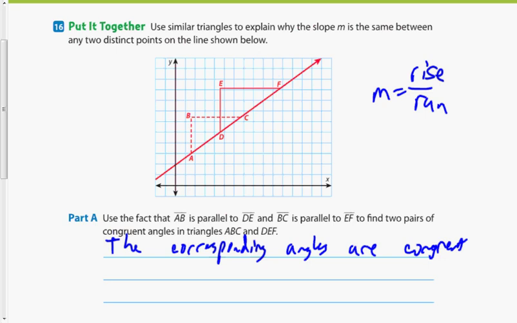That would include angle A and angle D. We know that angle C is congruent to angle F. And then finally the last angle, the right angle, angle B is congruent to angle E.